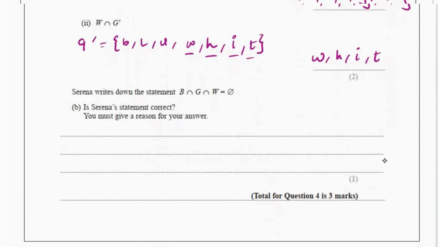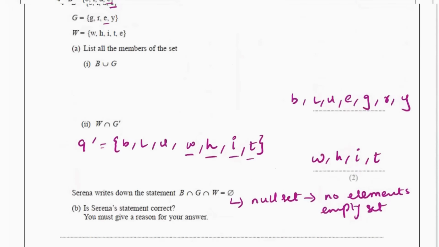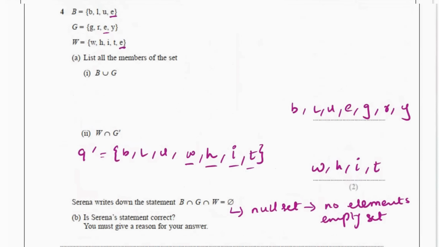Then Serena writes down the statement B intersection G intersection W is a null set. This symbol means null set, which means no elements. That means it's an empty set. So this is what a null set means. Is Serena's statement correct? Serena's statement is incorrect because we know all three have an intersection, which is E. E is one element that is common in all three sets.